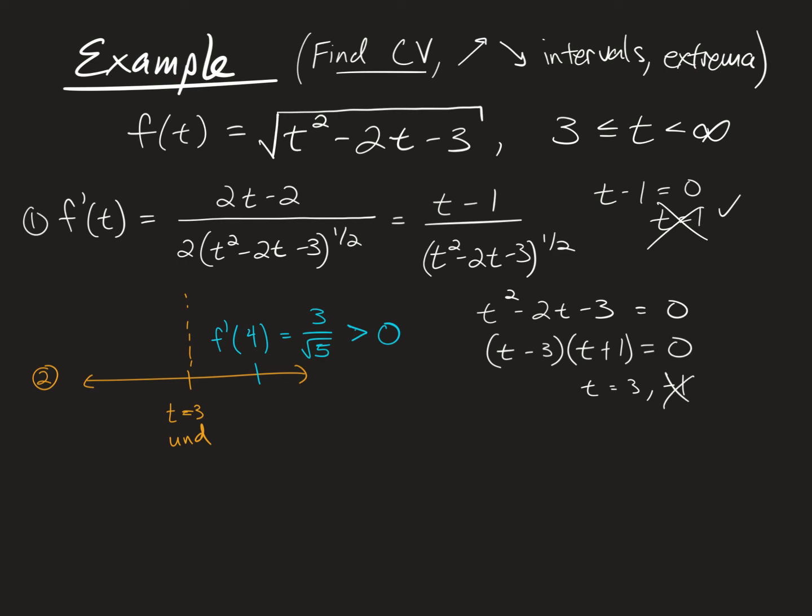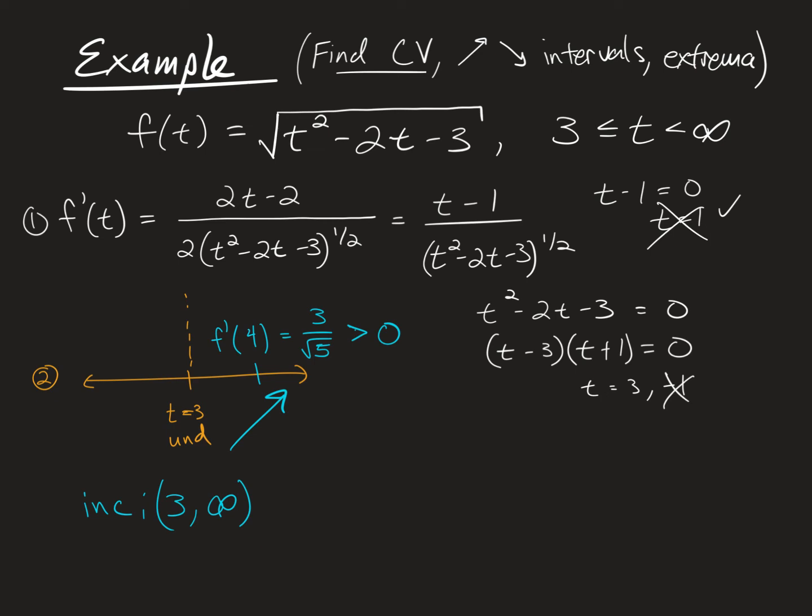I know that number is bigger than 0. So this is increasing. Starting at 3 and going on forever, this is an increasing function to the right. What does that mean? That means for step 3, let's finish step 2 here. We can say this is increasing from 3 to infinity.